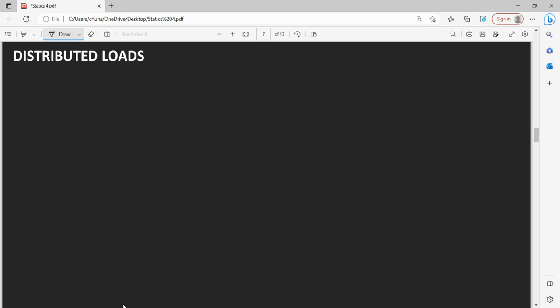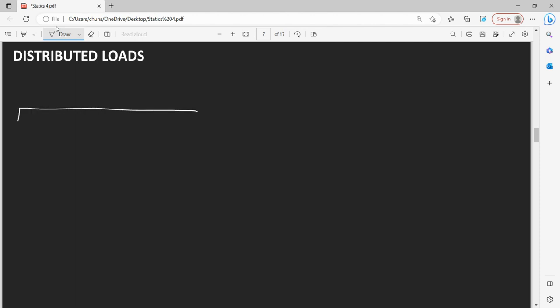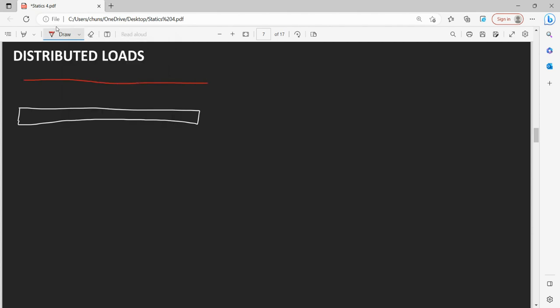Lastly, we're going to be talking about distributed loads. So if we have a beam and we have a distributed load, that means the same magnitude of force being applied in more than one spot evenly, we can replace this with a single equivalent force at a certain distance.